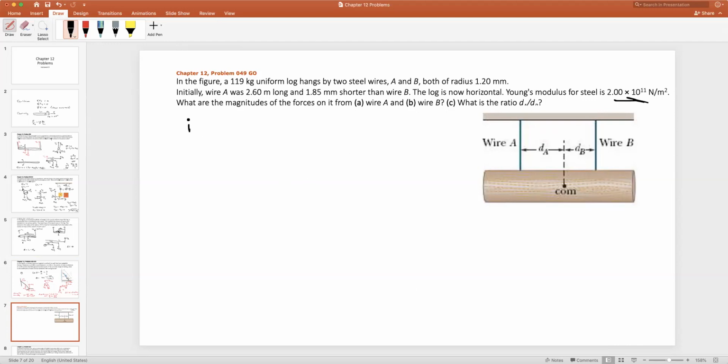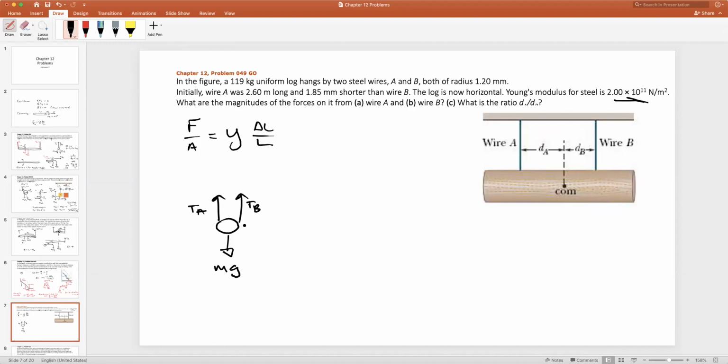So recall that elasticity is F over A equals Young's modulus times delta L over L. This F, though: we have the weight of this block times g, a tension due to wire A, and a tension due to wire B.